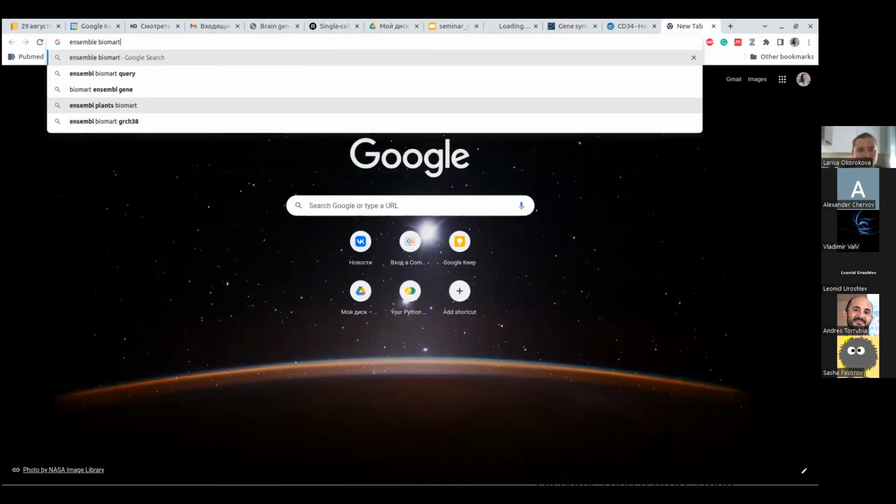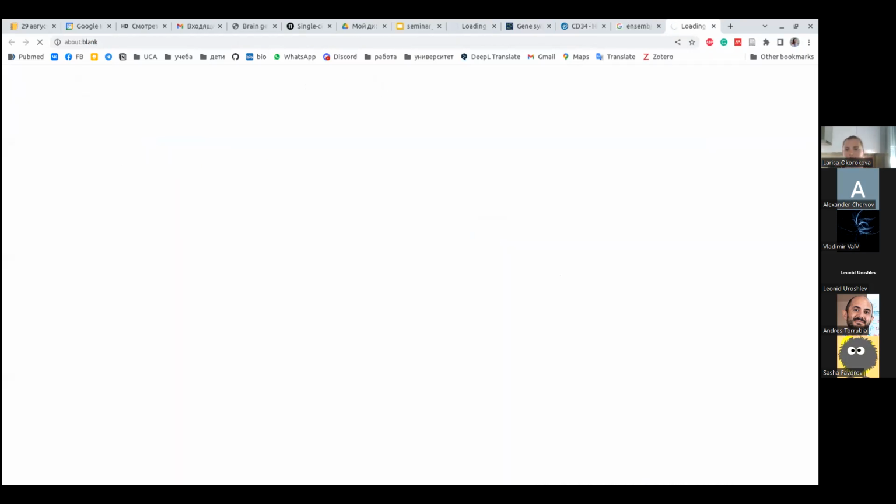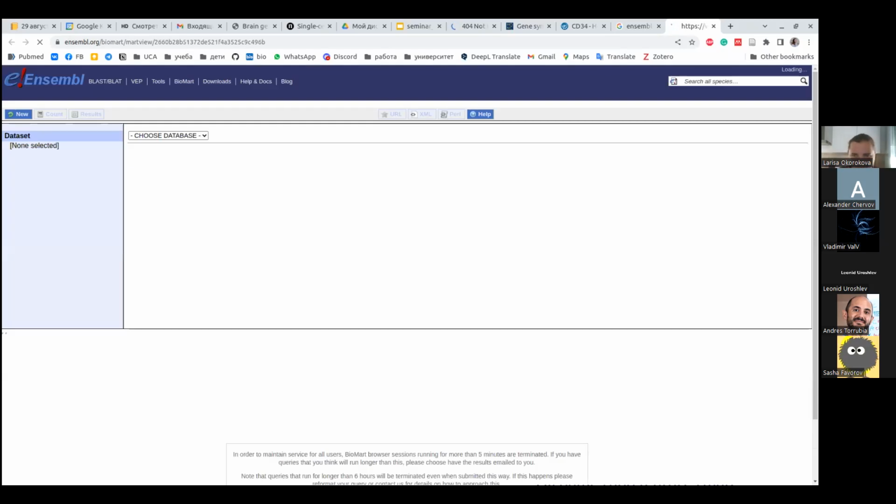This is a big database which covers all types of information between different databases. I think this is the easiest way to get the different names in different nomenclatures for different genes, and you can also find some regulatory features here.